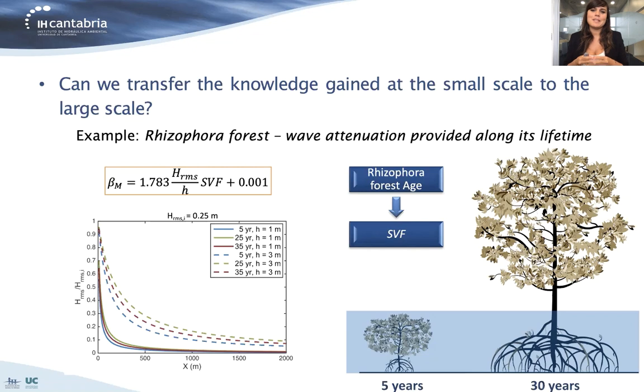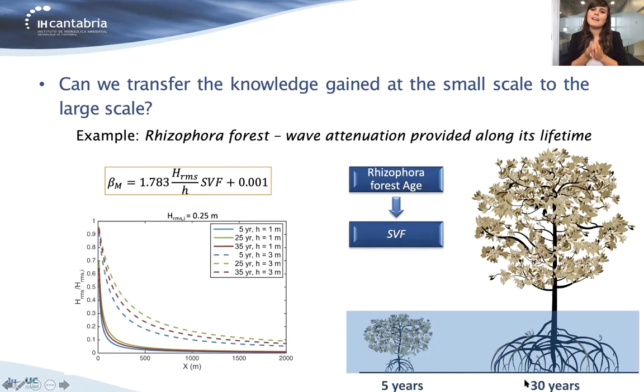And here I am just showing you a formula that was shown before, where the damping coefficient is obtained as a function of the submerged solid volume fraction of the forest. That fraction can be parameterized for different mangrove forests, considering their age.